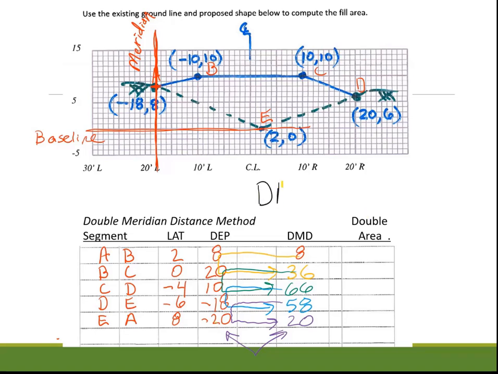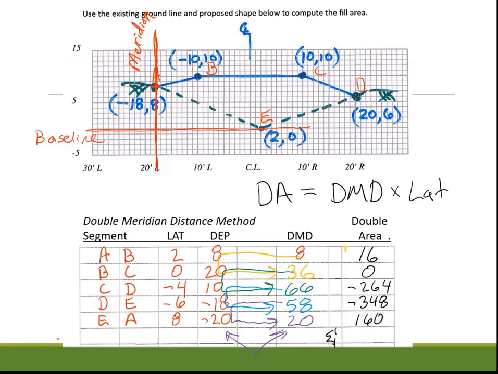Now I'll compute the double area, where the double area is equal to the DMD multiplied by the latitude. So 8 times 2 is 16, 36 times 0 is 0, 66 times -4 is -264, 58 times -6 is -348, and 20 times 8 is 160.